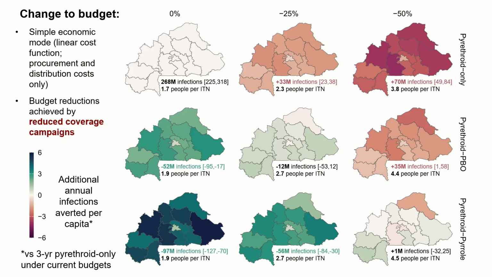And what we had on the green team was, roughly speaking, distributing 1 net per 3 people. That would be with chlorfenapyr nets, which, as we all know, are more expensive, but we are distributing fewer of them.